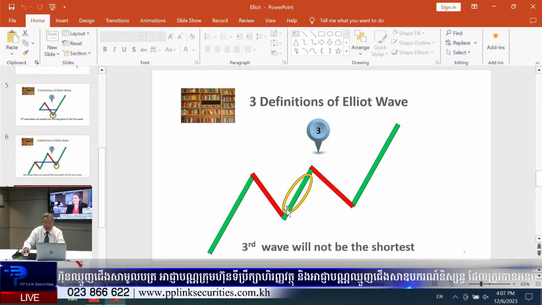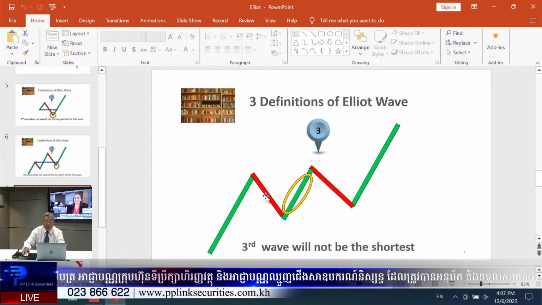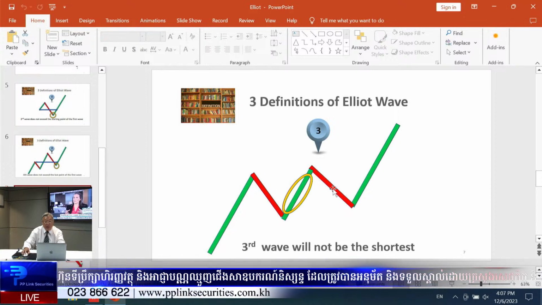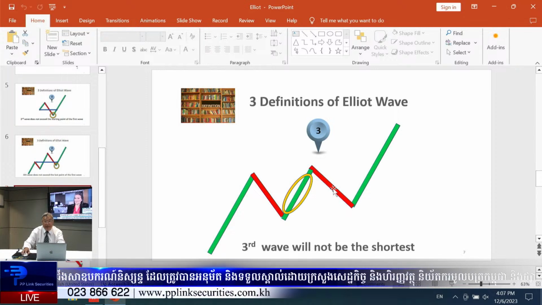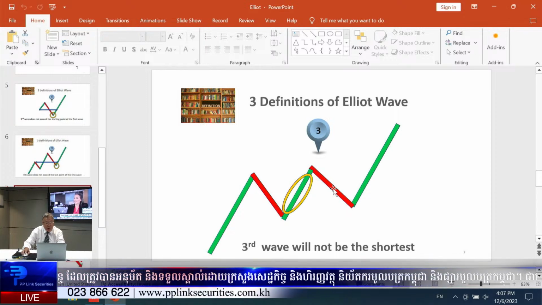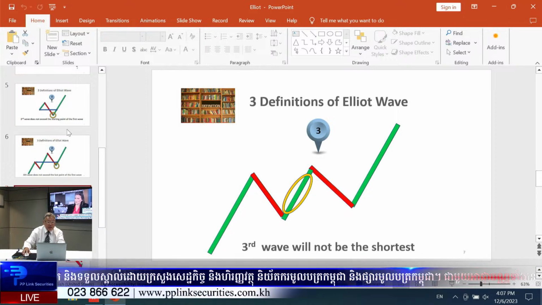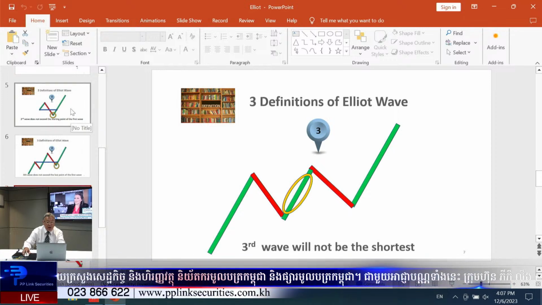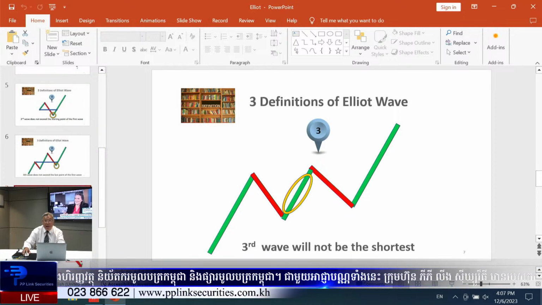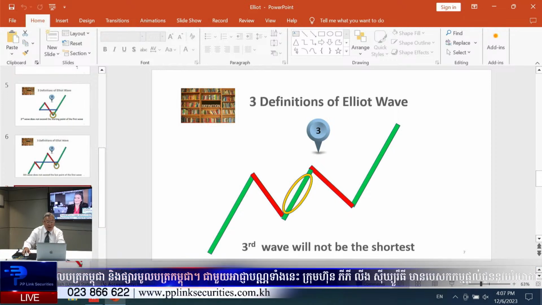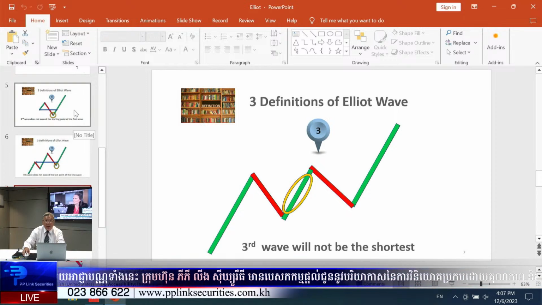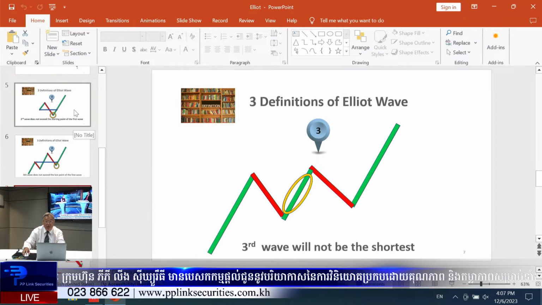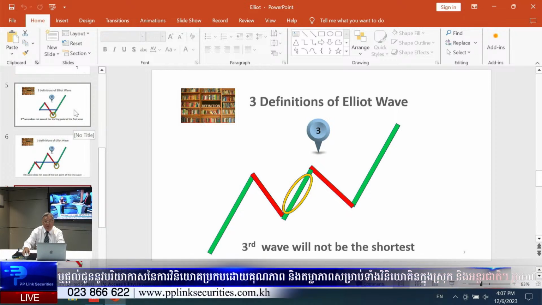But if the third wave is very short, like the second wave and fourth wave, this is also not called a typical pattern of the Elliott wave. Okay. So we studied the 3 definitions. I want you to memorize these 3 patterns, and then once you see any one of those patterns, you can judge whether this is a typical pattern of the Elliott wave or not.